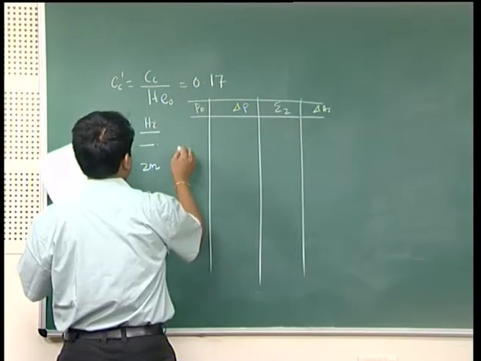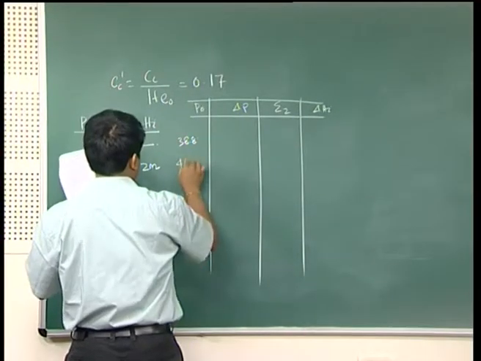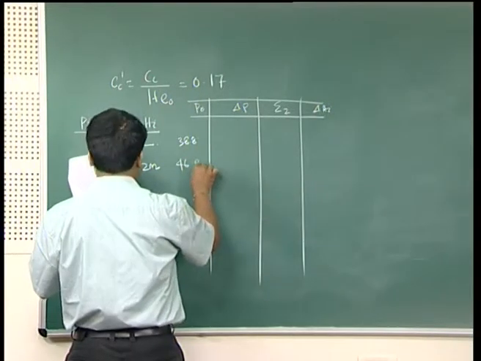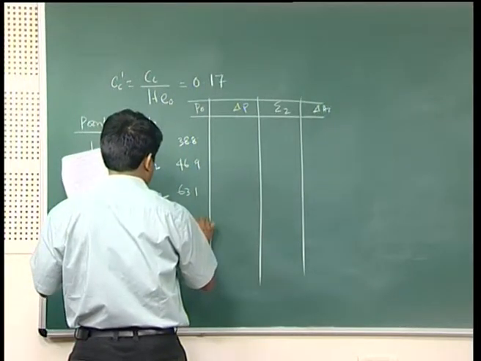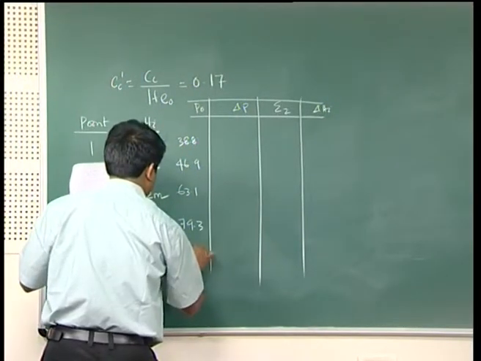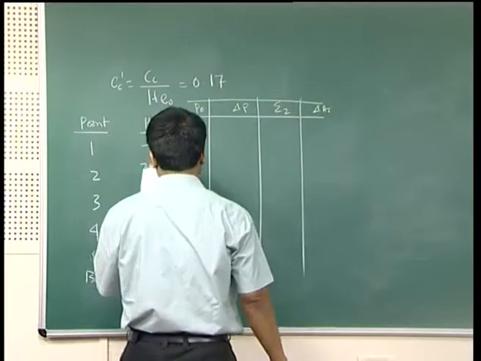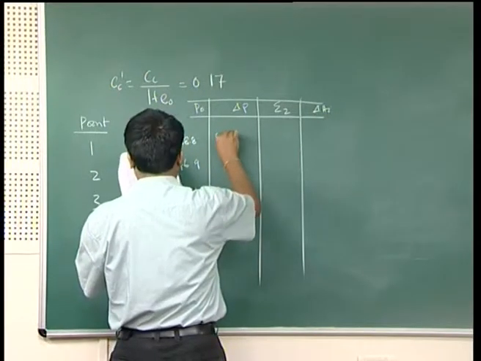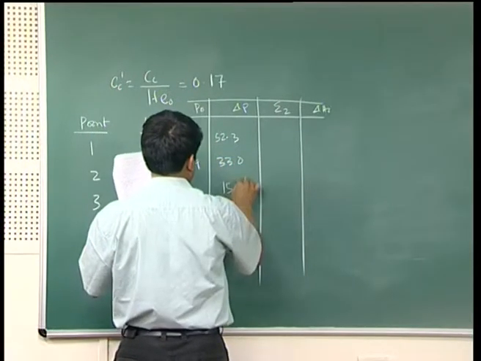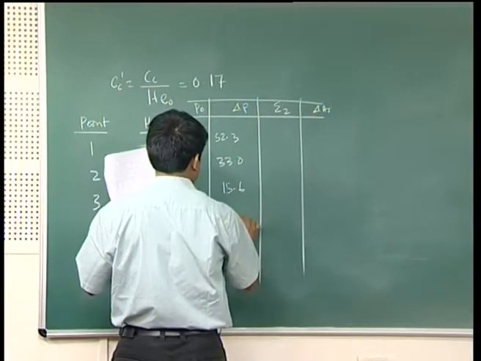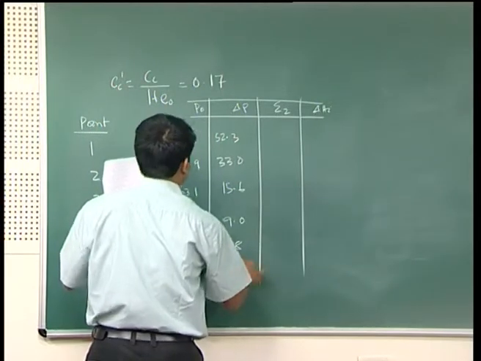Now for P 0, the first layer we have already calculated as 38.8, the second we have shown as 46.9, the third is 63.1, then 79.3, 95.5, then 103.6. Then delta P is 52.3, 33.0, 15.6, 9.0, 5.8, and 4.7.